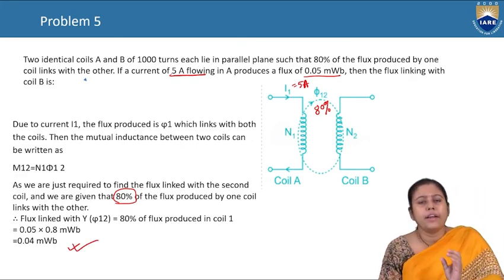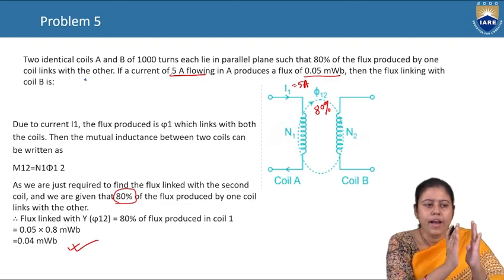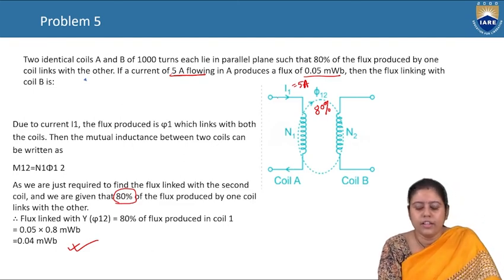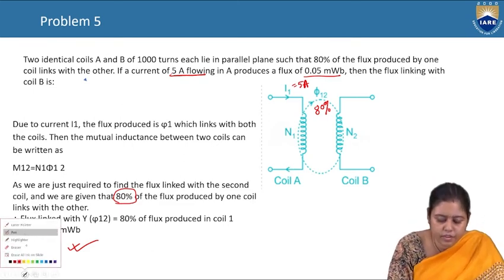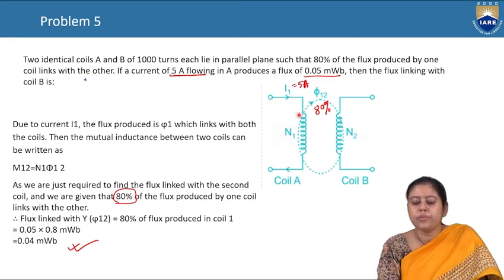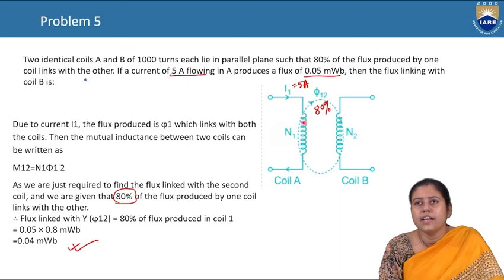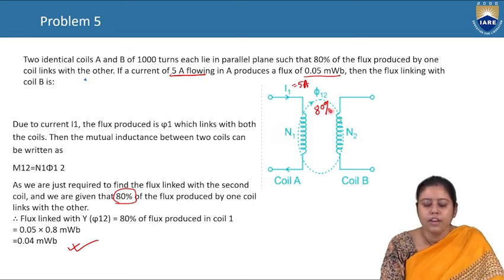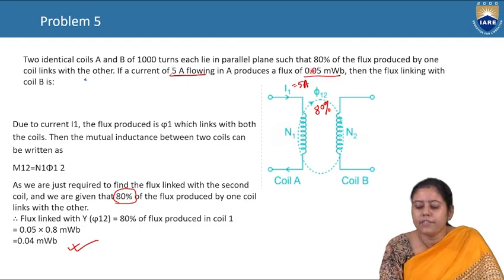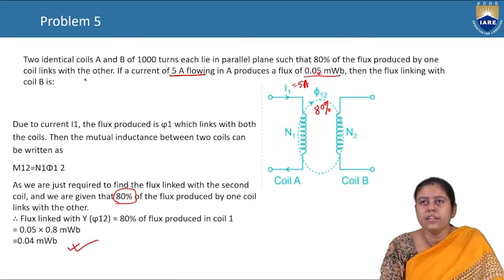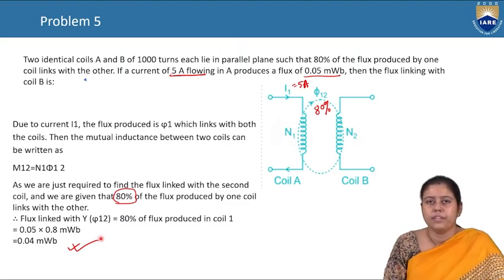This problem is very simple. Current is flowing in this coil, and it is creating some flux. 80% of the flux is linking the second one. So if the total flux is given as 0.05 milliweber, 80% means 0.04 milliweber.